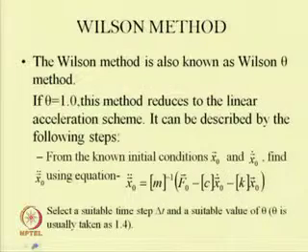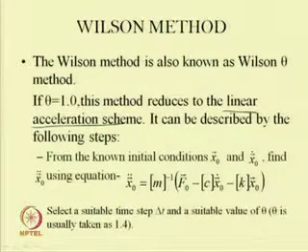So, let us see another method, that is the Wilson method. In the previous method we have taken one initial condition. Here in the Wilson method we are assuming a linear acceleration scheme. So, we are assuming that the acceleration is linear between two different points.